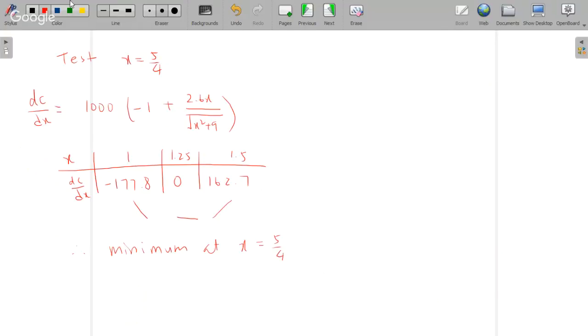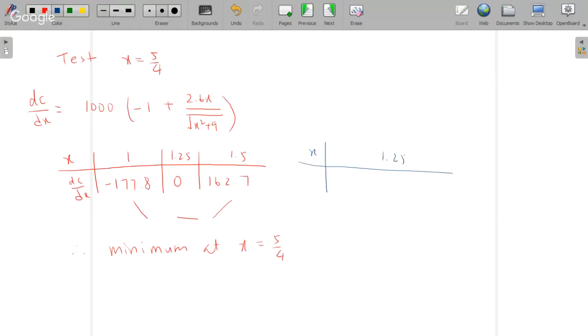Now, it's a little bit of a tip from me. Depending on your school, this may or may not work, but this definitely works in the HSC. Let's say you got to here and you're like, oh my God, I'm running out of time. I don't have time to sub numbers into such a complicated equation. You go with the fact that you know this is going to be a minimum. So you kind of reverse engineer the table. It will look something like this.